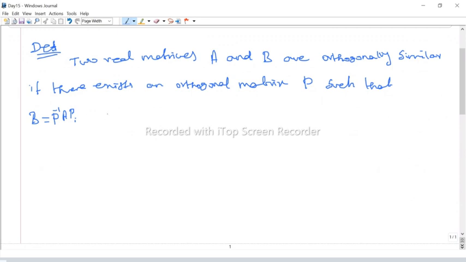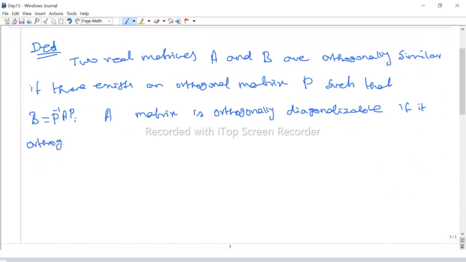A matrix is orthogonally diagonalizable if it is orthogonally similar to a diagonal matrix.